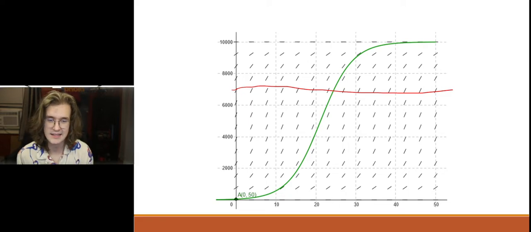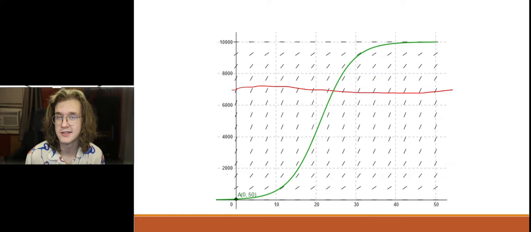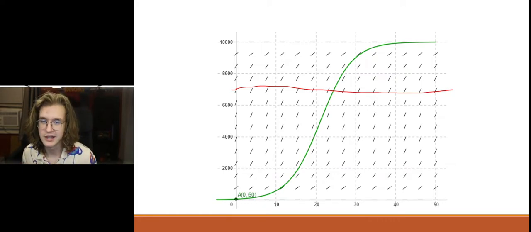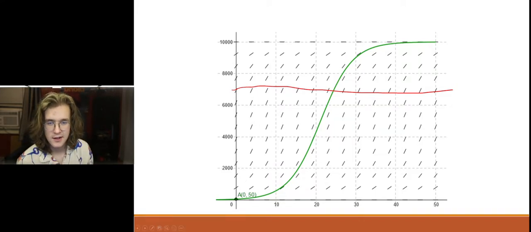We can see that as the gold players are few, our rate of change is going to be slower, which makes sense because there's less gold players to convert silver players, if you think of it that way. So it's going to be small down there, and it's going to get steeper and steeper as we reach about 5,000 or halfway.